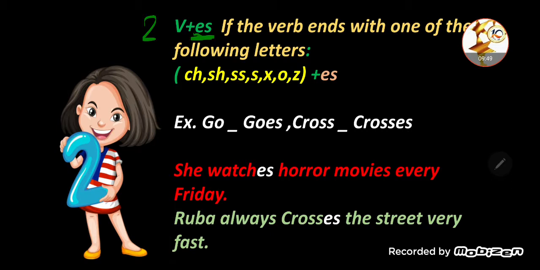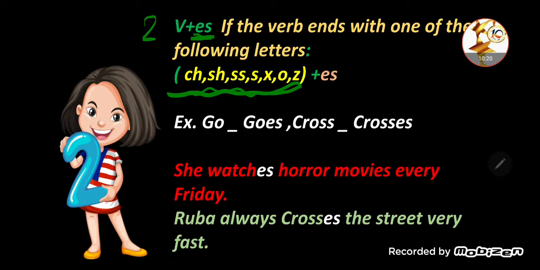We add es to the verb if the verb ends with one of the following letters. If the verb ends with one of these letters, we add es to the verb directly. For example, if it ends with ch, sh, double s, s, x, o, z, directly you add es.